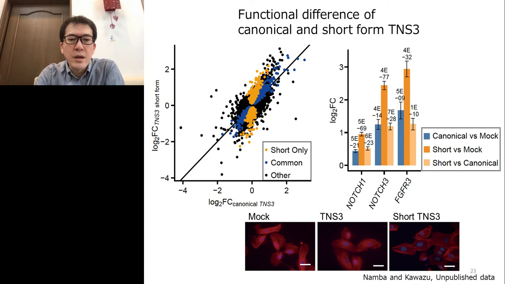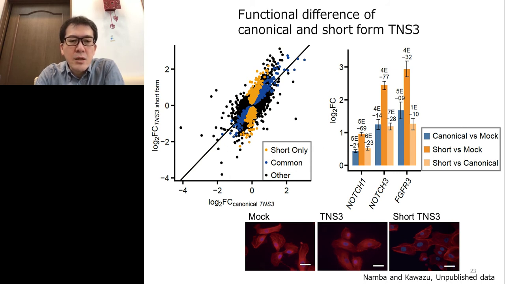And we found that short form TNS3 had an impact on gene expression similar to canonical TNS3, but with greater effect size. Expression of about 3,500 genes was affected by short form TNS3, and of them, at least 900 genes were only affected by short form TNS3.